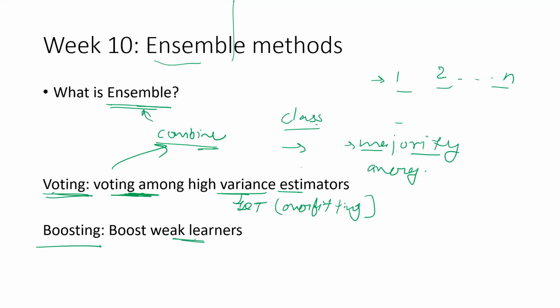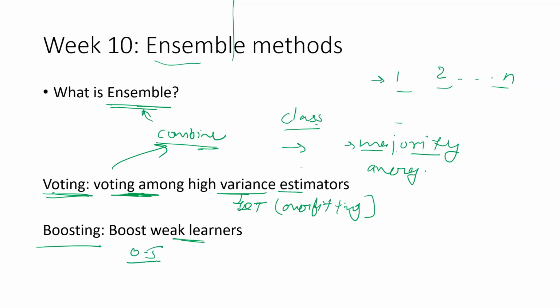Weak learners are those whose performance is just better than a random estimator. What is a random estimator? You just randomly give any prediction. Let's say for binary classification, you take one example and randomly assign a prediction. So what is going to be the accuracy? For binary classification it is 0.5, because you are randomly making a prediction out of two classes.